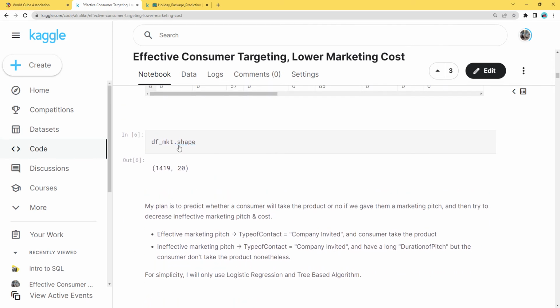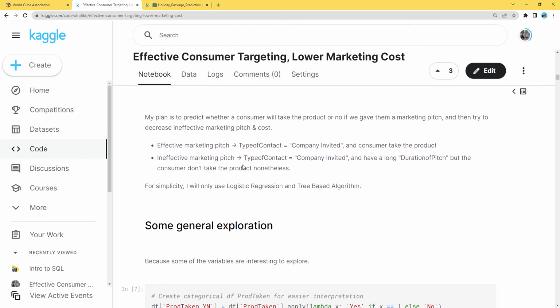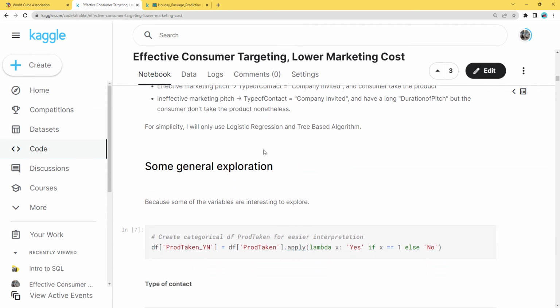After the filter we only have 1,400 rows, which is really small. An effective marketing pitch means the type of contact is company invited and the customer takes the product; otherwise it is not effective.